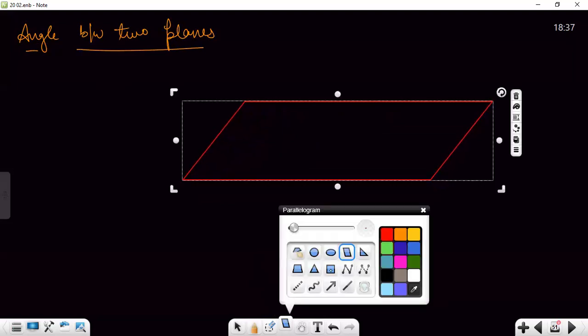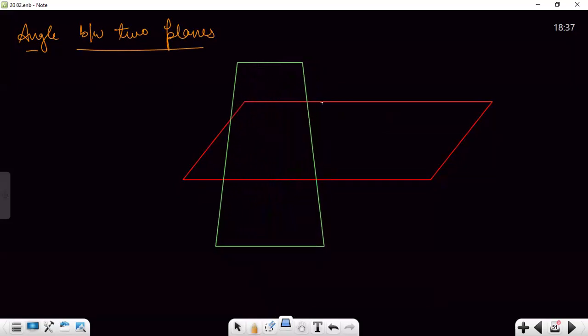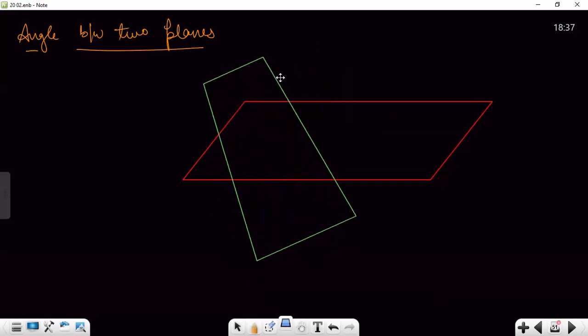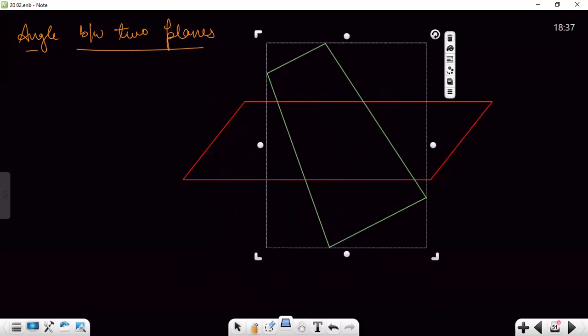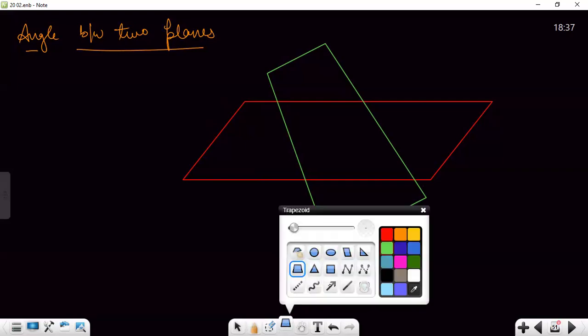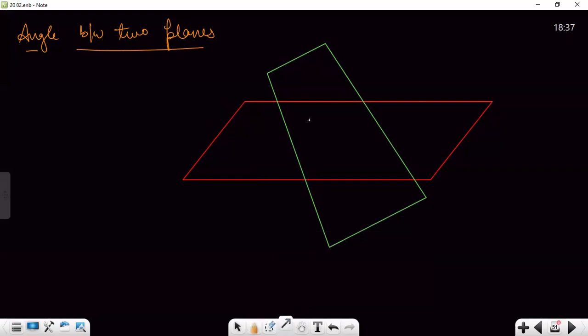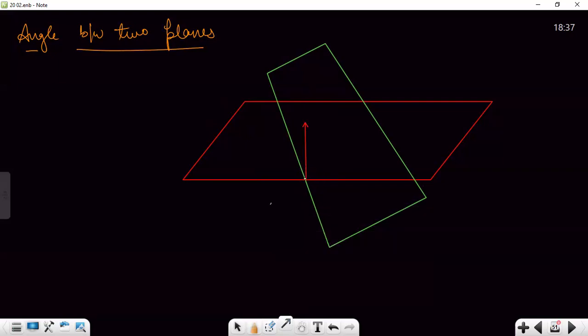This is plane number two. Let me draw it like this. The normal vector of plane one is this, and the normal vector of plane 2 is somewhat this.